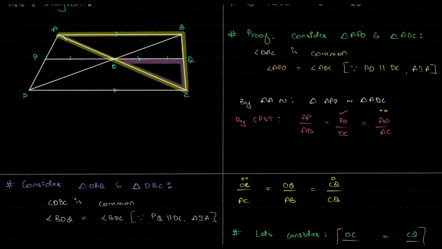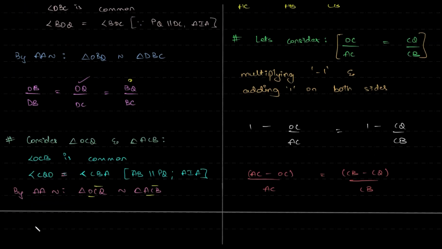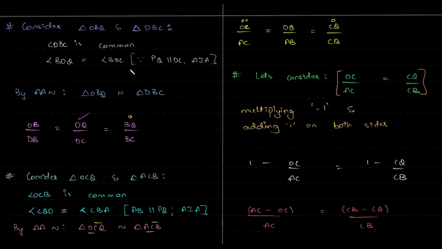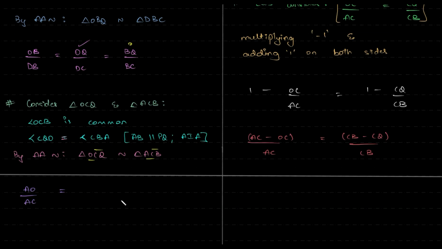AC minus OC is AO. We have AO by AC, which is equal to CB minus CQ. CB minus CQ is BQ. BQ by CB. Okay guys.